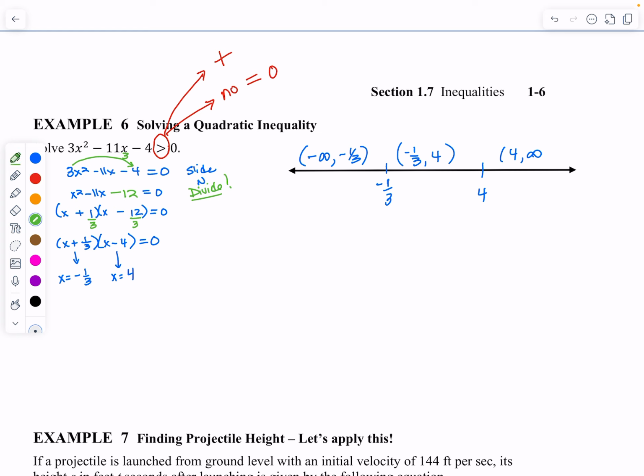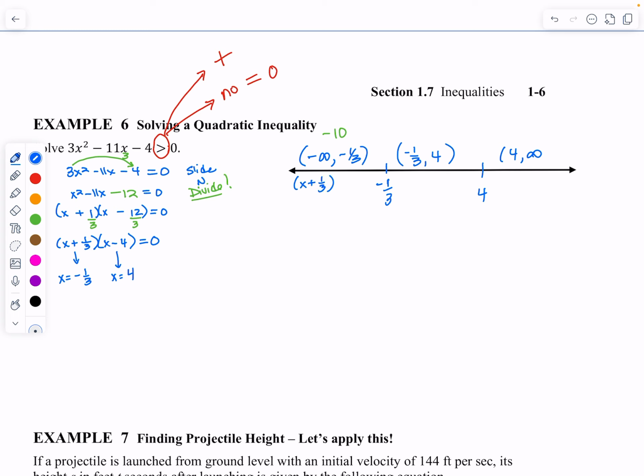So let's say negative, I'll do -10 again. Again, I do not want to actually plug in -10, okay? I just want to come down here and I'm going to use my factored form, okay? Let's look at the first one. And again, you don't have to write this down. I would write it down in your notes, but I'm plugging it in here, x plus 1/3.